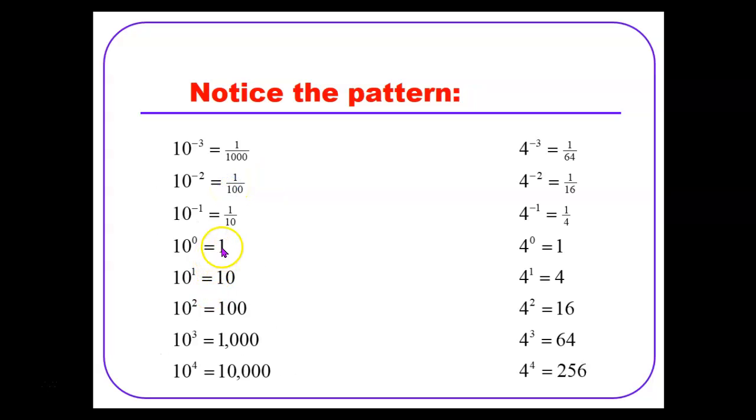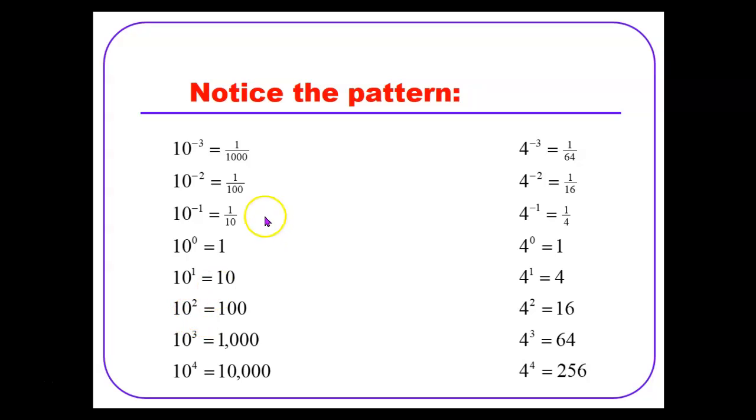And if we keep on going, 1 divided by 10 would be 1/10. And then 1/10 divided by 10 is 1/100th. 1/100th divided by 10 is 1/1000th. So notice what happens when we get into negative powers of 10. 10 to the negative 1 power is 1 over 10. 10 to the negative 2 power is 1 over 100.